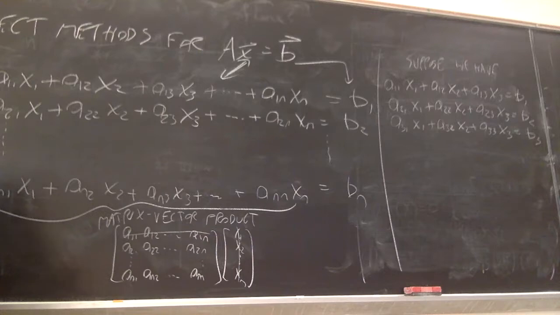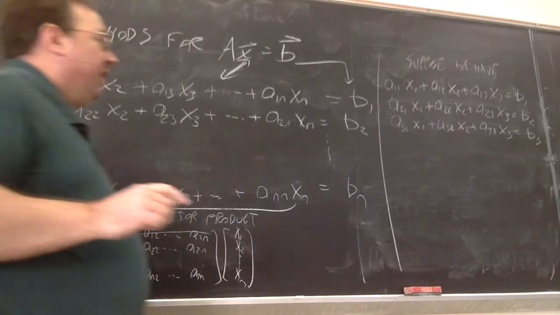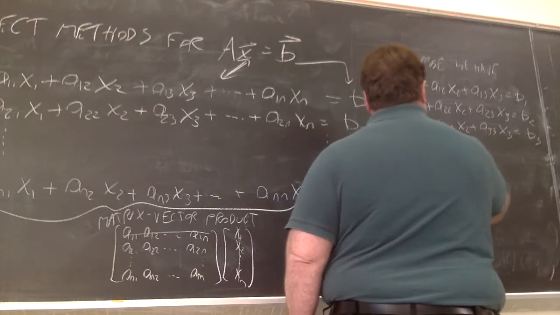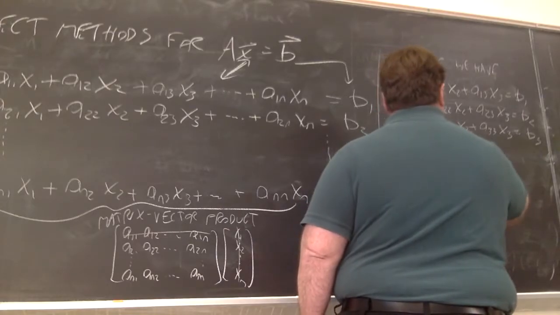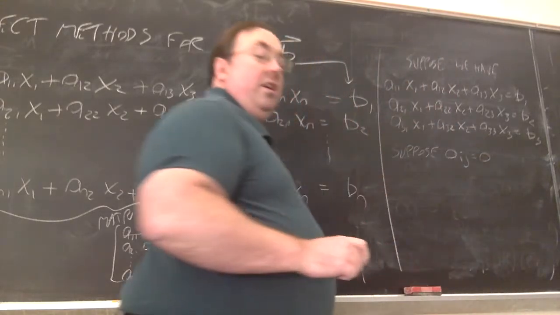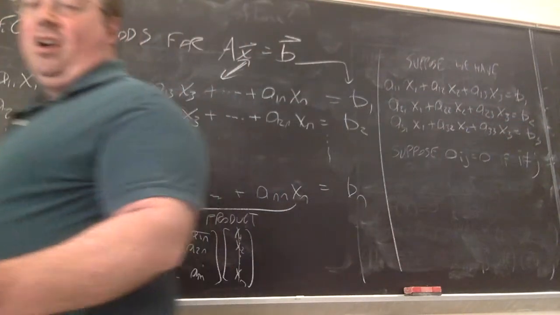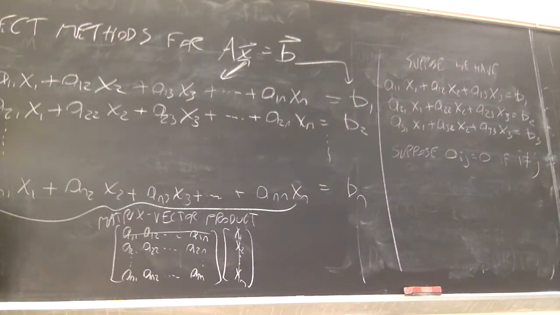So let's suppose that these coefficients, aij, are equal to 0 whenever the indices i and j are not equal. So those terms are going to drop out.